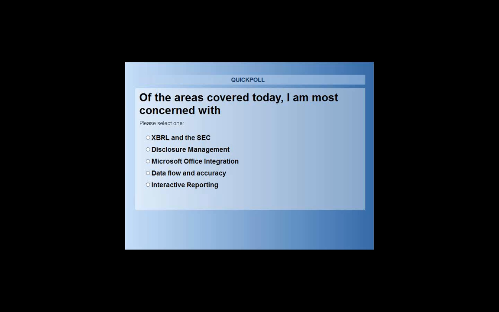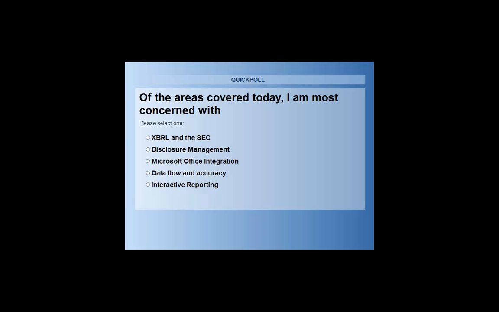Okay. It looks like 90% of the votes are in. About 48% are most concerned with XBRL and the SEC. 8% are concerned with disclosure management. 16% are most concerned with Microsoft Office integration.